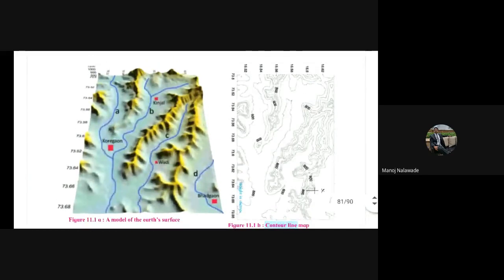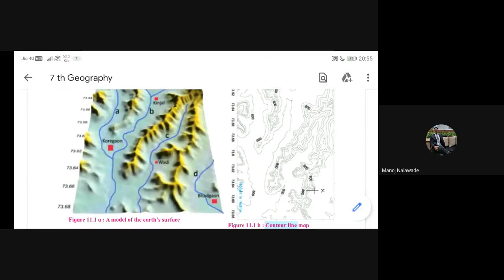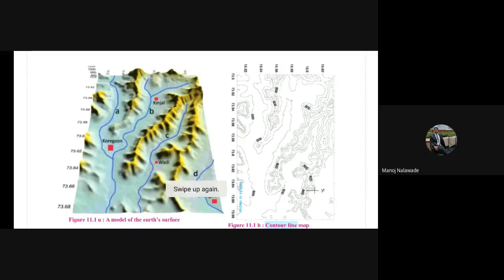Are you able to see it? Yes, sir. So what is here? You can see with the greenish color, these are mountainous ranges, and in between that there is a blue line showing. This is nothing but the streams of the river.